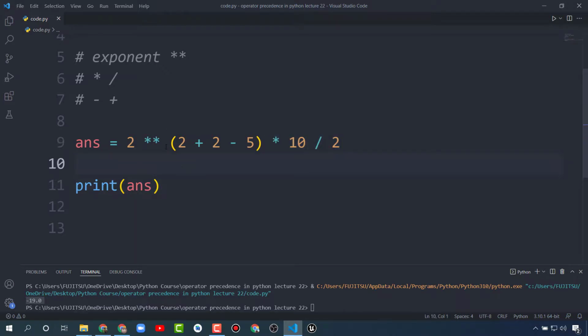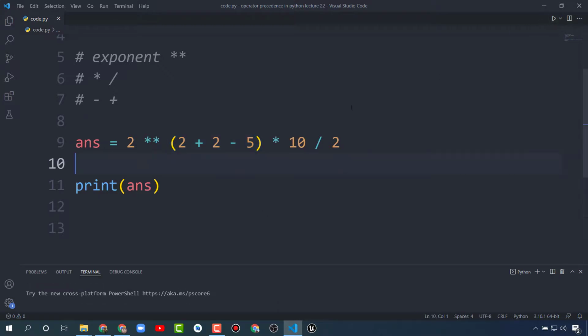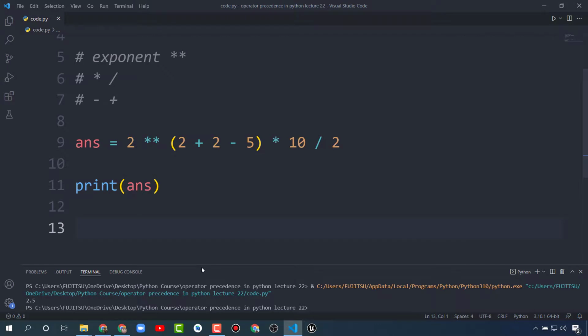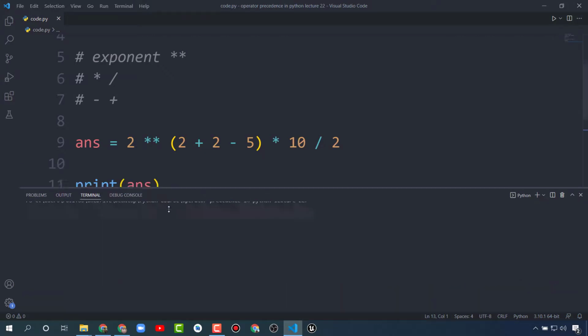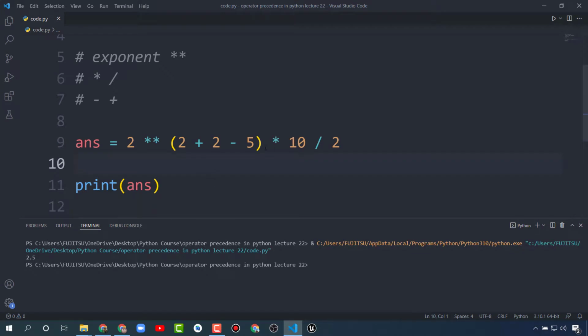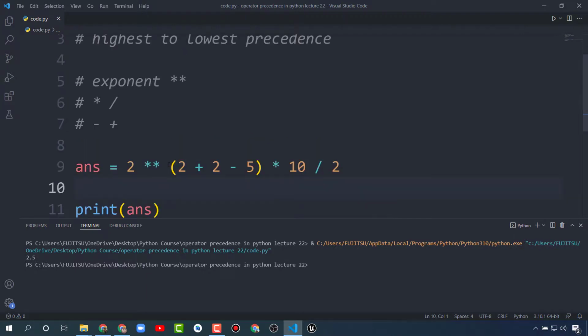So if this expression is evaluated first, then the answer will change. Now the answer is 2.5 because we want to solve this part first, and we have used braces. When we use braces, the braces have the highest precedence. So first of all the braces equation will be solved.